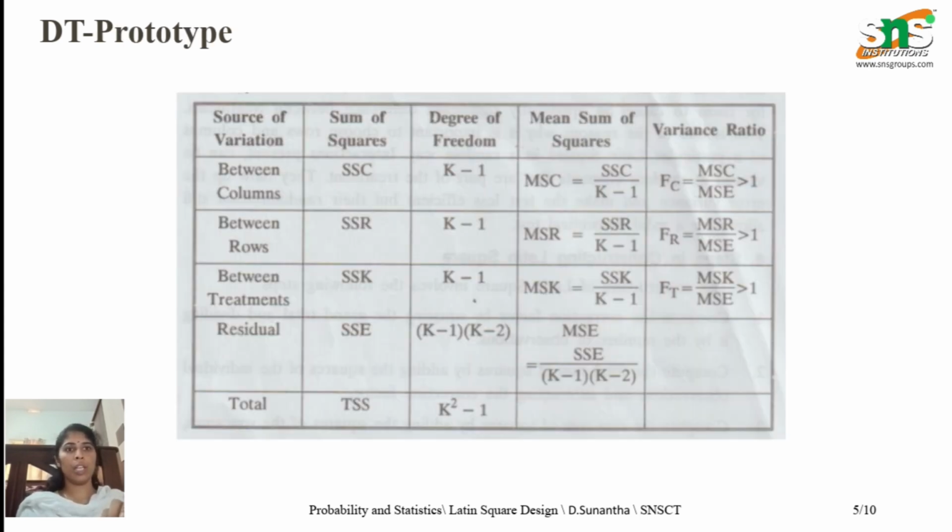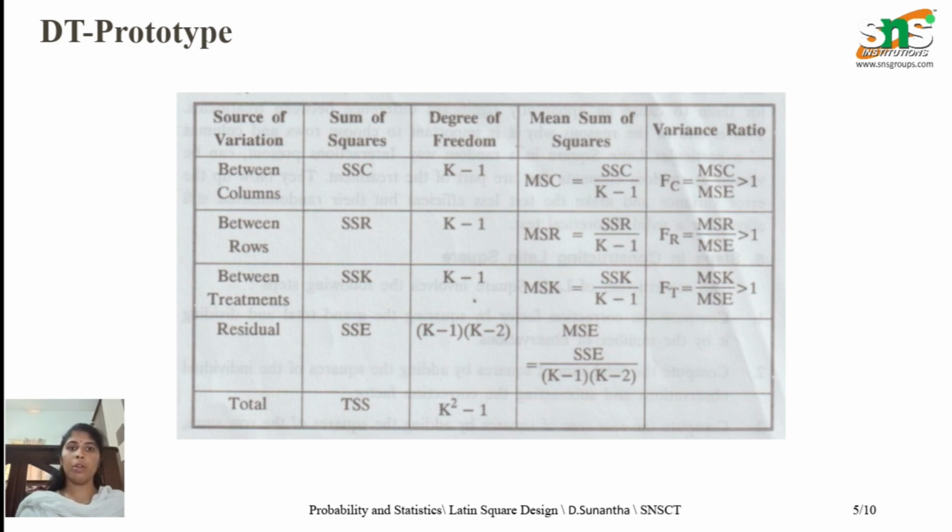Next is the prototype. Here the sources of variation are columns, rows and treatments, and the residual is called error. As in the previous methods, we calculate the sum of squares of columns, rows, treatments and error. The degrees of freedom are the same for rows, columns and treatments, because their numbers are equal.